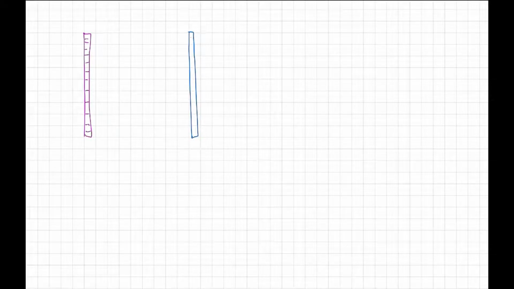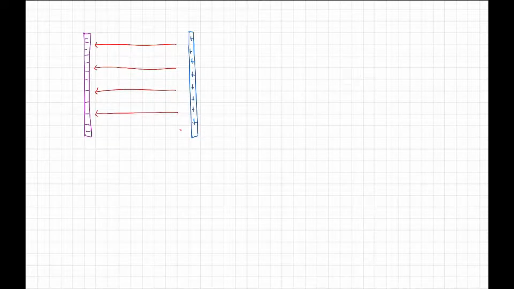Between these two plates, we have a constant electric field. If you guys remember, the electric field points in the direction a positive charge would flow. So it's going to point from the positive plate to the negative plate. And at least in between the plates, away from the edges, that field should be fairly constant. Okay, so that's our electric field.